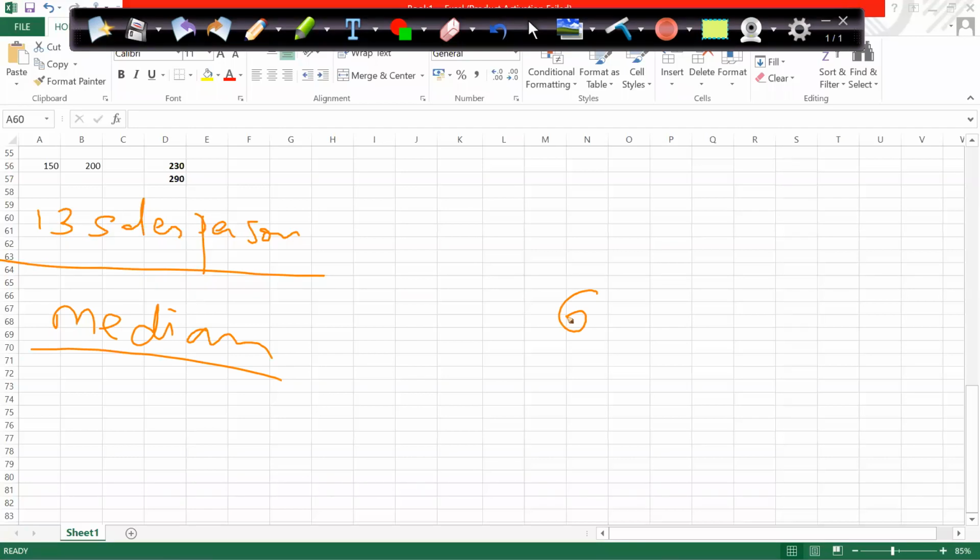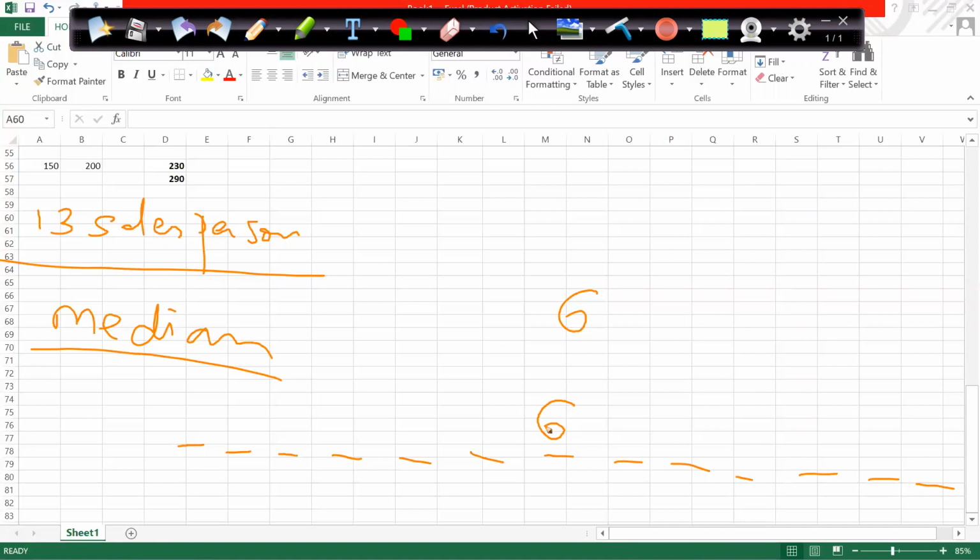That means I have 13 salesperson. So 1, 2, 3, 4, 5, 6, 7, 8, 9, 10, 11, 12, 13. And the median is what? The middle value. So 1, 2, 3, 4, 5, 6, 7. So this is my median. Now I have median and I have the range.